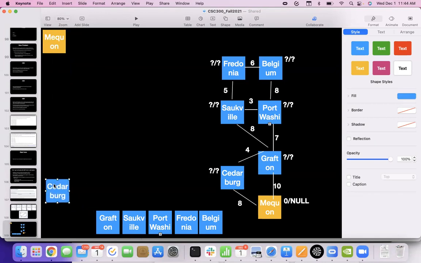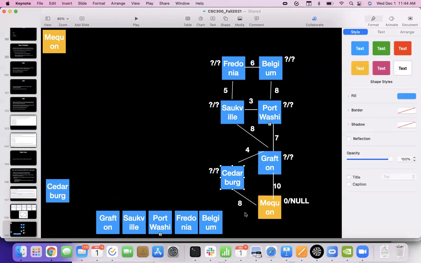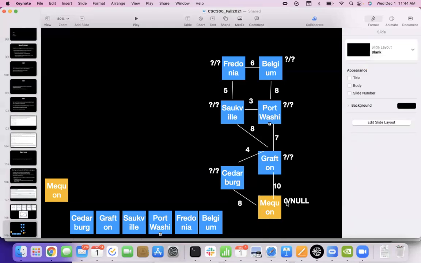Next guy, Cedarburg. Well, actually, hold on. I'm not quite done with Mequon yet. Sorry. So Mequon to himself is 0, and we don't need to go by way of anything. But now we need to look at the 2 roads that come out of Mequon. One going to Cedarburg and one going to Grafton. So Cedarburg is going to be an 8 plus a 0.